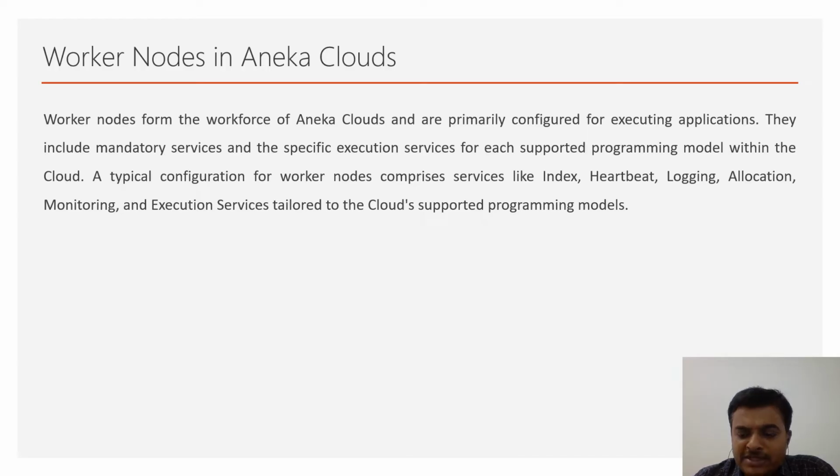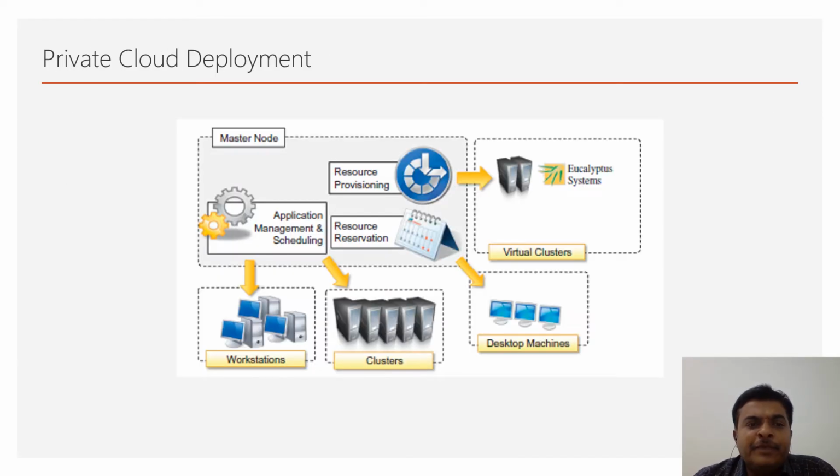Now, the first type of deployment, that is, private cloud deployment. So here we see how Aneka can be deployed in a private cloud. Here the physical infrastructure can be maintained in the form of clustered workstations, or clusters of PCs, or normal desktop machines, to provide infrastructure services to Aneka.